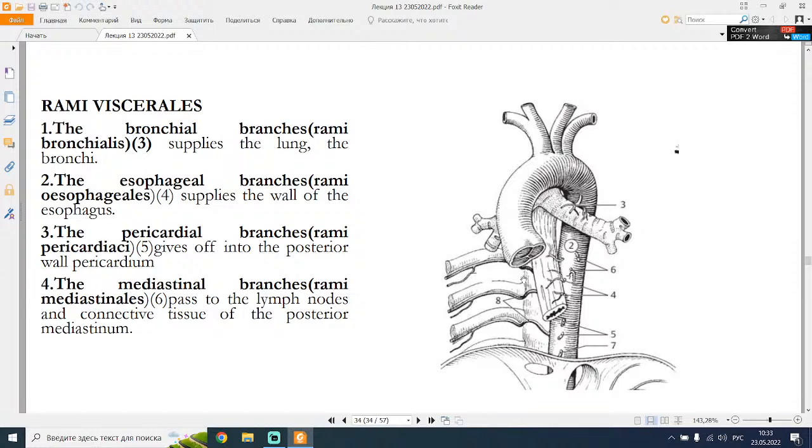Next, rami pericardiaci give off to the posterior wall of the pericardium. And next, rami mediastinales pass to lymph nodes and connective tissue of the posterior mediastinum.